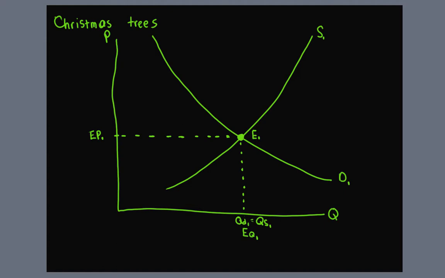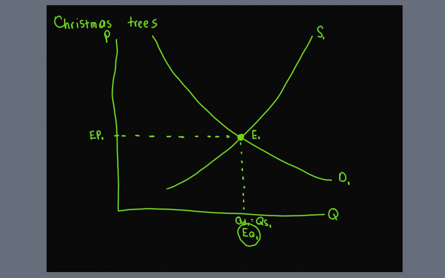So now this problem 3b tells us, again, another puzzle, that even though there is less demand for Christmas trees after Christmas, the price of a Christmas tree is lower.